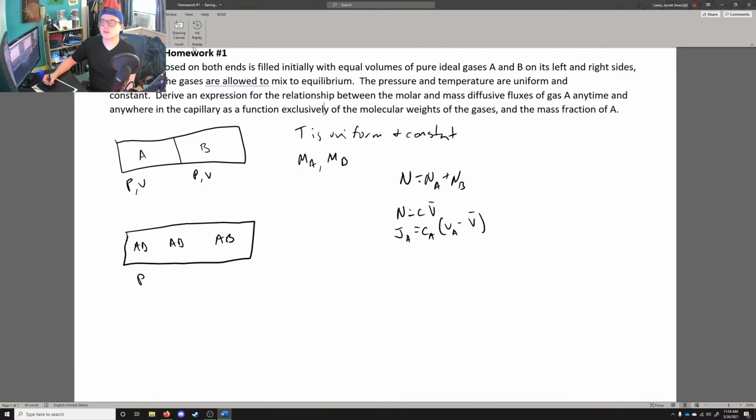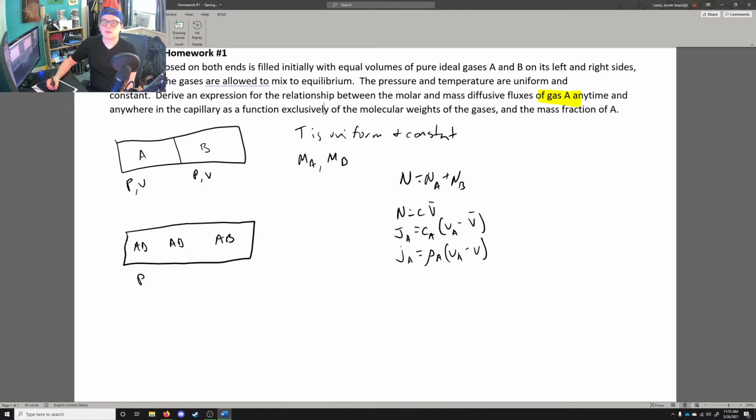We want the relationship of gas A. And we're also doing it for the mass diffusive flux of A. So it'll be the mass concentration of A times the mass average velocity of A minus the mass average velocity.